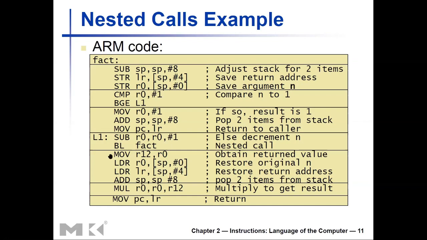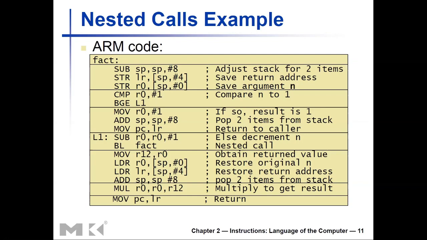Now we are not yet done, because we have to multiply this N minus 1 factorial with N. So this is actually where the actual calculations will happen. For this purpose, we have to restore the original N into R0, right?